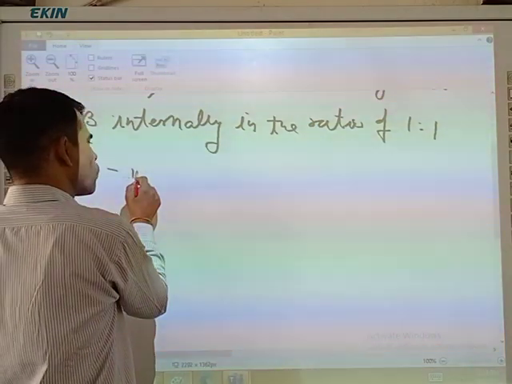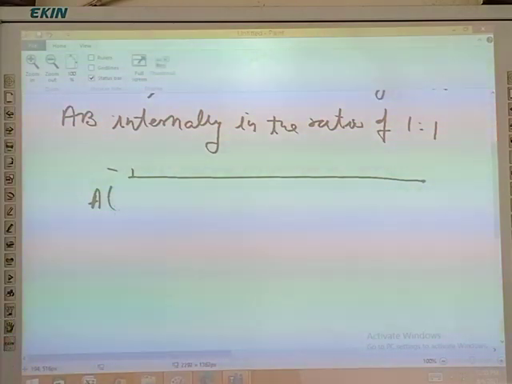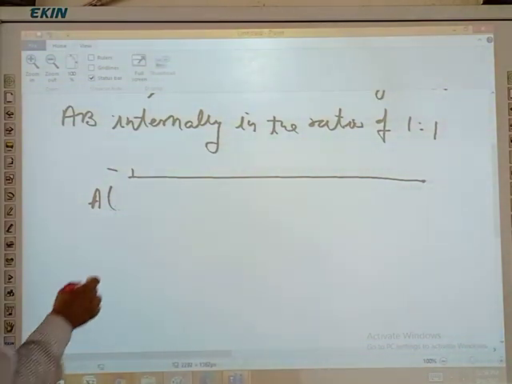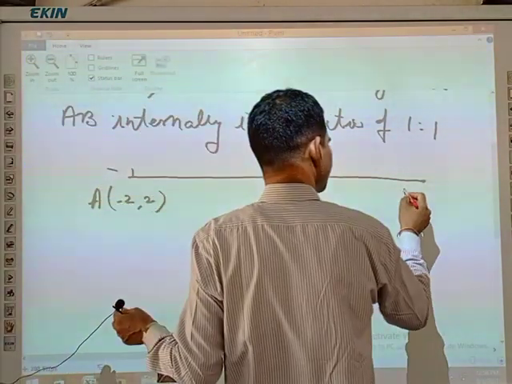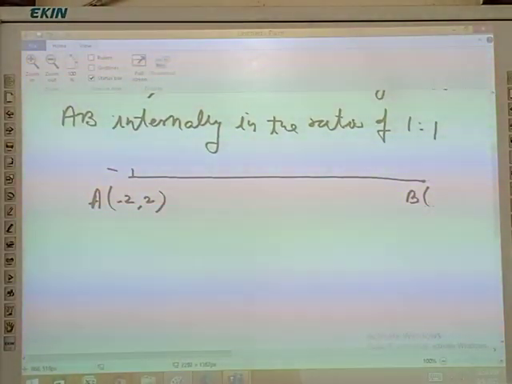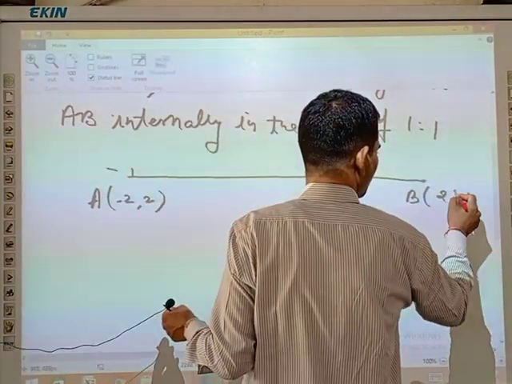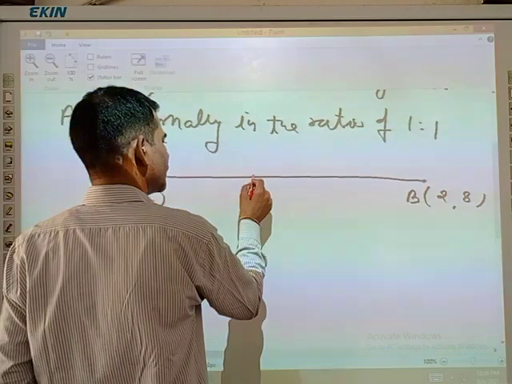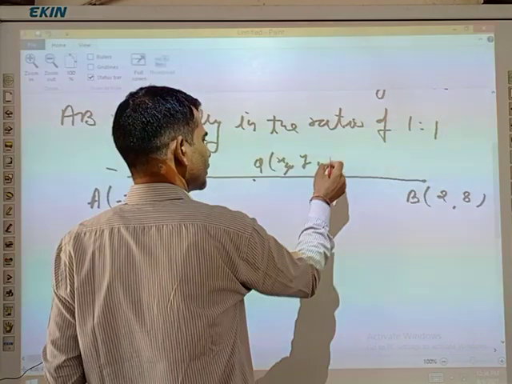Now this is your A point and the coordinate of point A is -2 and 2, and coordinate of point B, how much? 2 and 8. Now this is the point Q, that is your x4, y4.